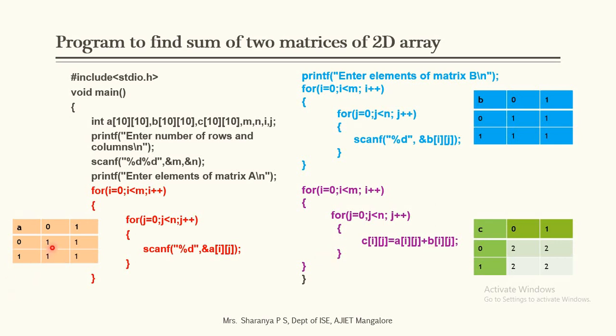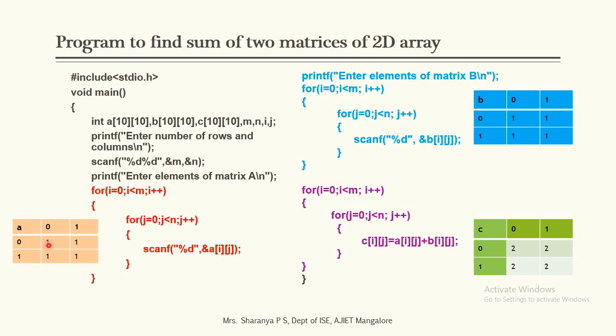And what is the major computation task? That is, in this A of ij, that is A of 0, 0 needs to be added to B of 0, 0, and the result needs to be stored in C of 0, 0. This is how during the first iteration this major task will execute. In the next iteration, this J value is getting incremented.